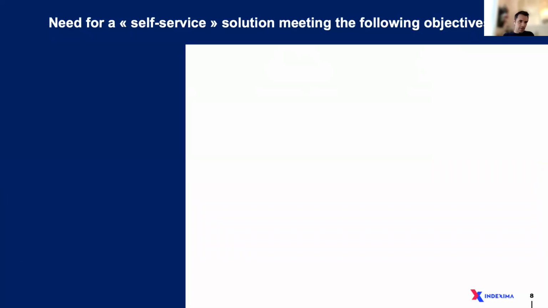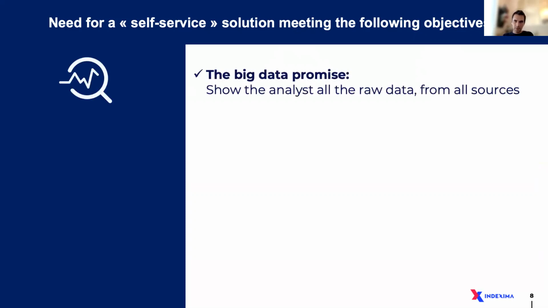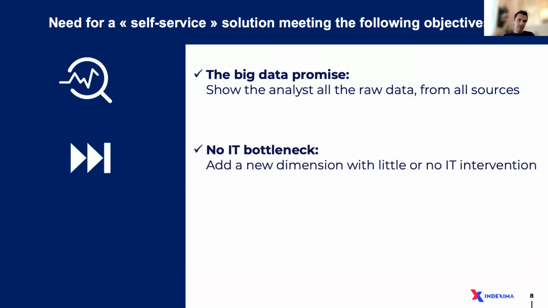From those discoveries, we see that there is a need for a self-service solution, which meets the following objectives. First, show the analyst all the raw data from all sources. This is the big data promise, I call it this way. The second is to remove any IT bottleneck.